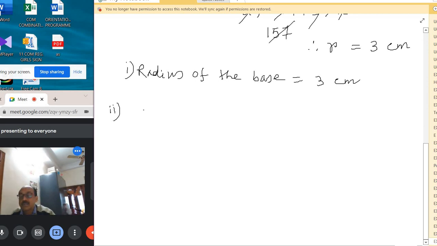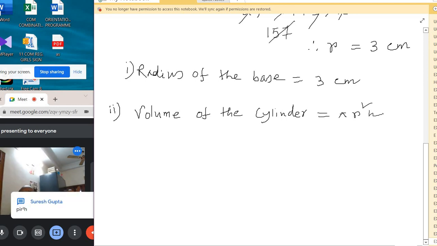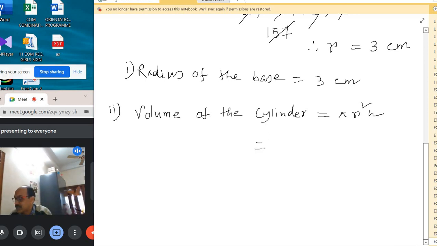So what is the formula? Pi r square h. Therefore, volume of the cylinder equal to pi r square h. So equal to pi is 3.14 into radius.